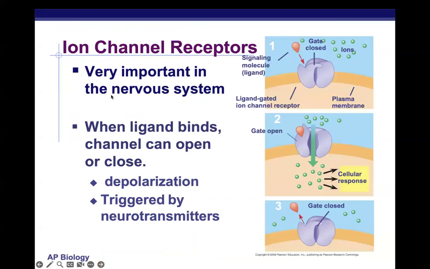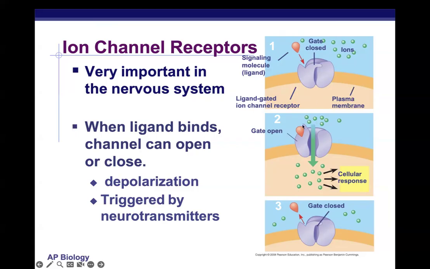Ion channels are a very important type of cell surface receptor that is used in this reception phase. For them, the surface receptor is actually a closed channel protein. When the ligand binds to it, its shape changes and it opens up, and a passageway forms that allows the facilitated diffusion of ions to take place.